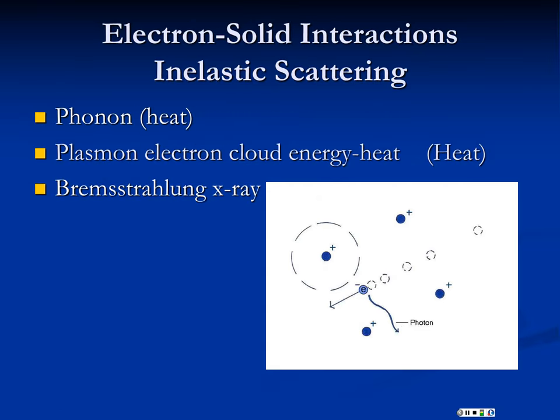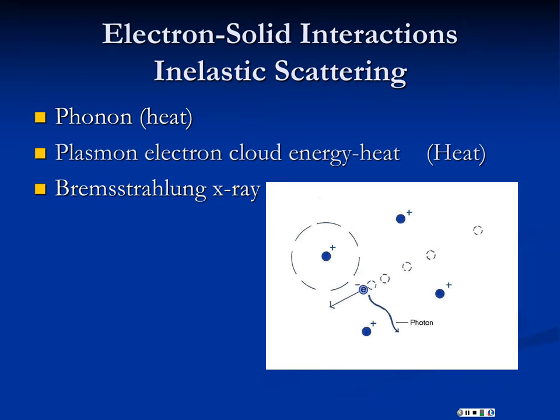We can also get energy given away as X-rays, and this is called Bremsstrahlung X-ray, which is the coolest name you have all semester. But what happens here is as a charged electron moves through the coulombic or the charge field of the nuclei, they're positively charged, they're going to grab at it, they're going to slow it down. Well, you know, electrons don't have brakes. Your car uses brakes to convert kinetic energy into heat.